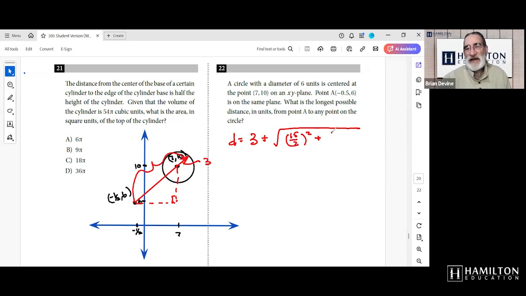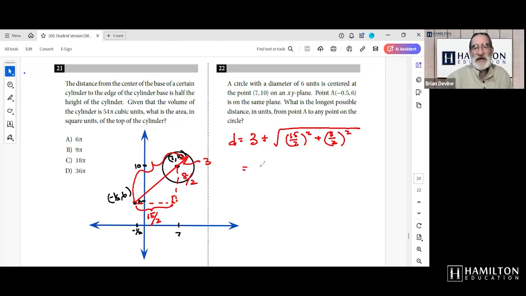And note that 4 is 8 halves. And so this is 15 halves. And this is 8 halves.